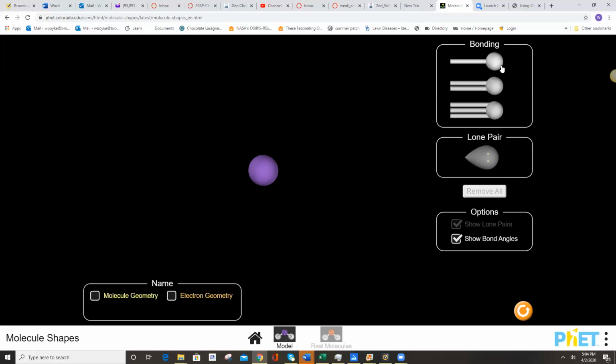So I'm going to go ahead and build this molecule, but right away, 4 electron groups is always going to match with a tetrahedral electron pair geometry.